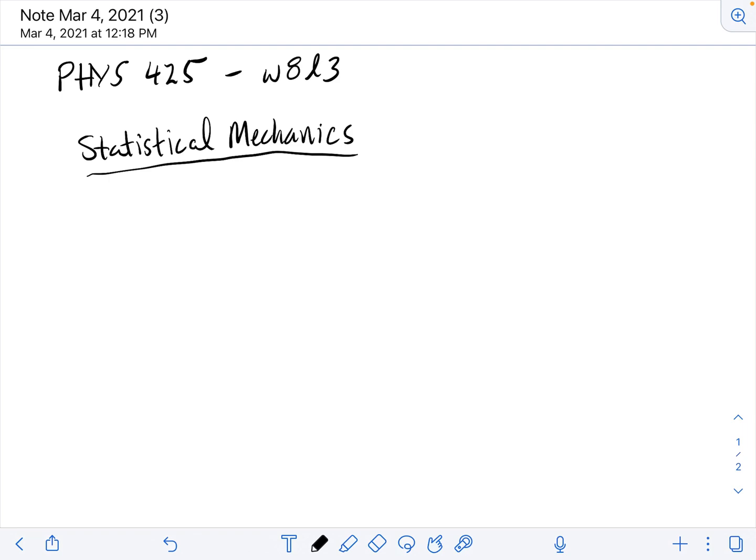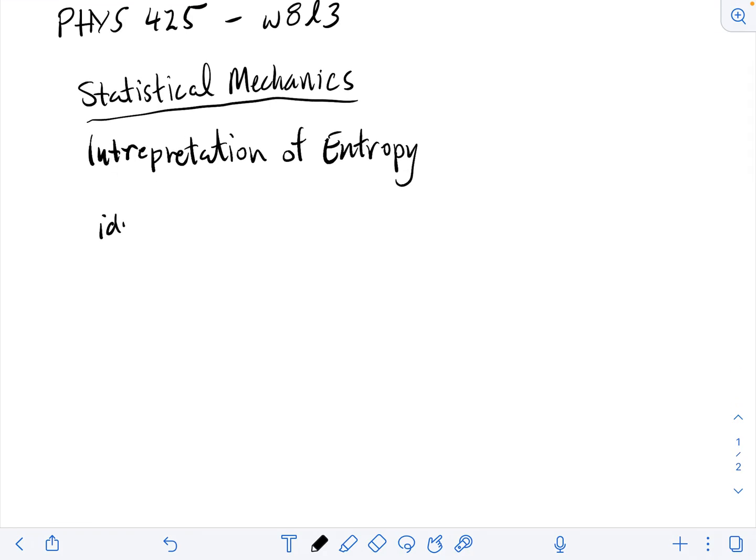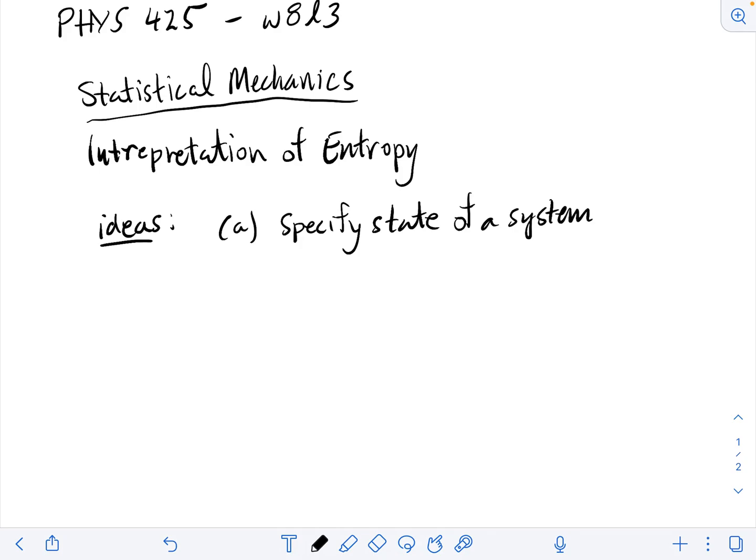The first thing we're going to talk about is the statistical mechanics interpretation of entropy. Here's the core idea. Well, maybe multiple ideas. First, what we're going to try to do is specify the state of a system as completely as possible.